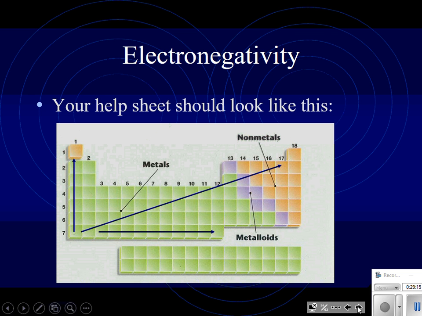The lower values are down towards the bottom left. The higher values are top right. So fluorine will be the element with the greatest electronegativity. We said that the noble gases don't want to attract electrons, so their electronegativity is going to be zilch. They don't want any new electrons.